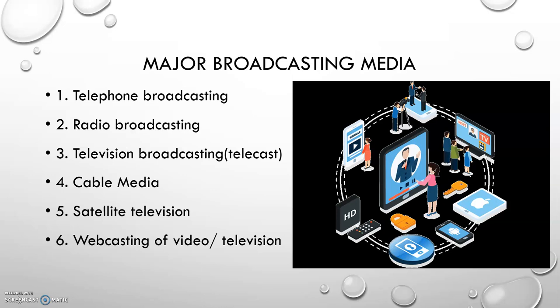Moving on to the fourth point, that is cable media. Cable radio started in 1928 and cable television began in 1932. That is, cable radio and cable television are the components of cable media.